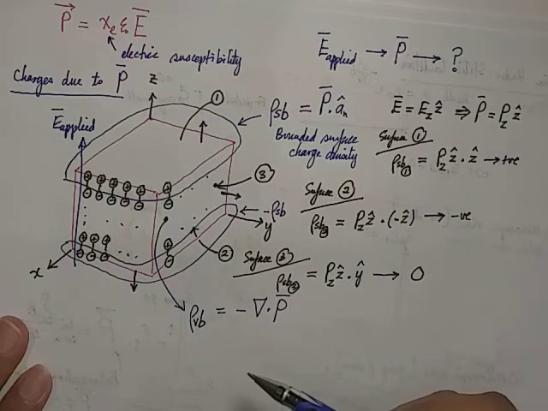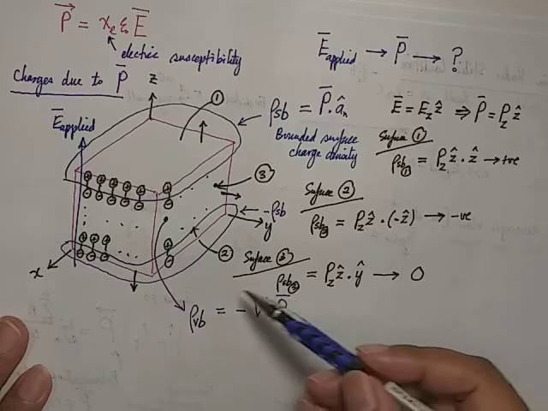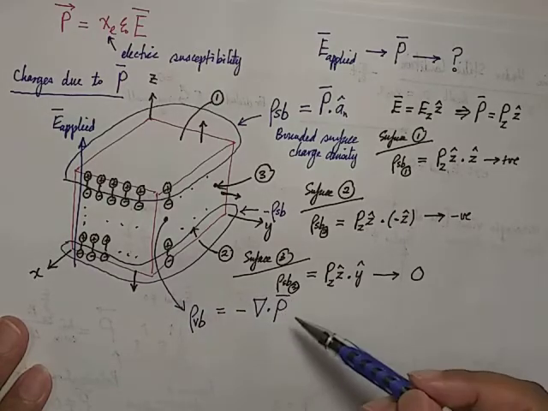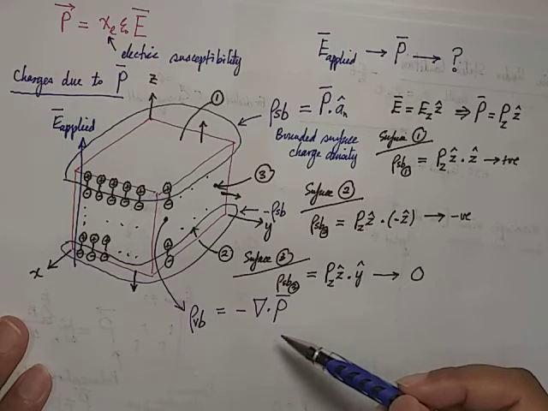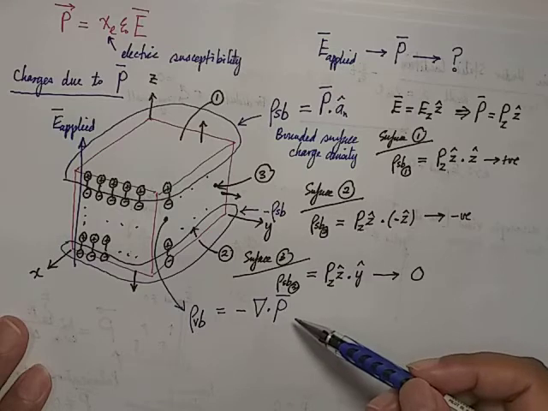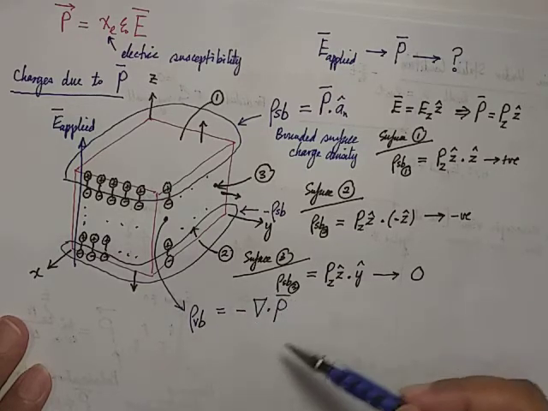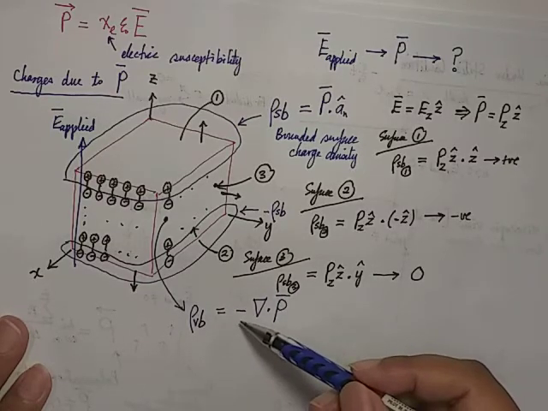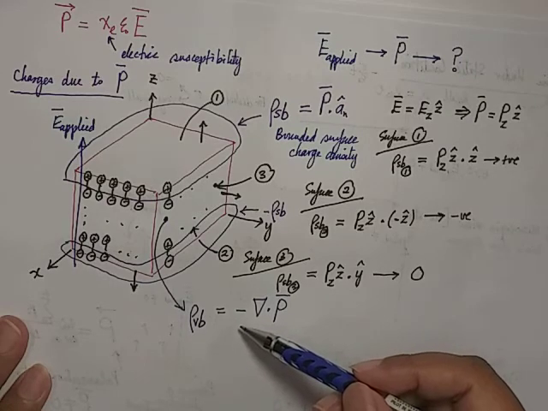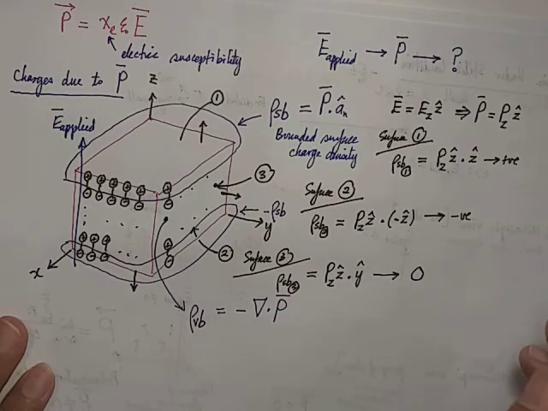And the way we are able to determine the value of those bound volume charges is by using the second equation shown. This is just using the divergence model that we have used before when we talked about Maxwell equation number 1 or Gauss's law. So it's repeating the same approach using the divergence model, but the only difference is that you must not forget to include this negative sign in your solution. Okay, that should be the effects of the discussion.